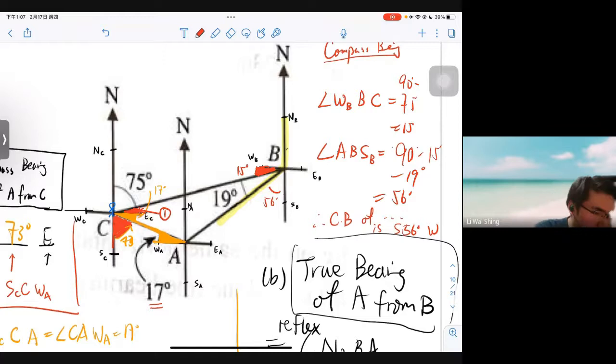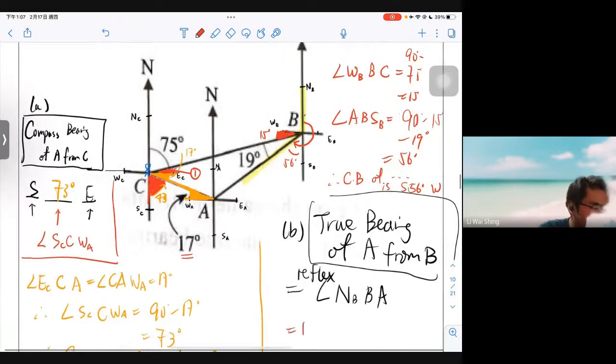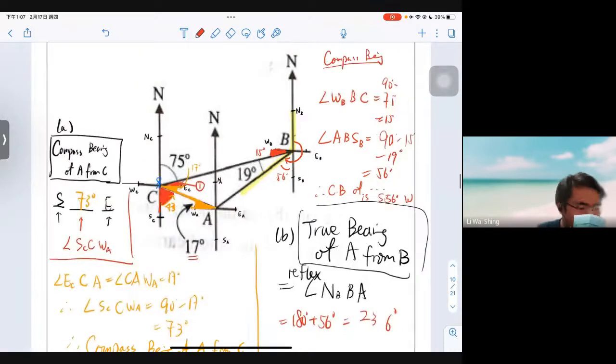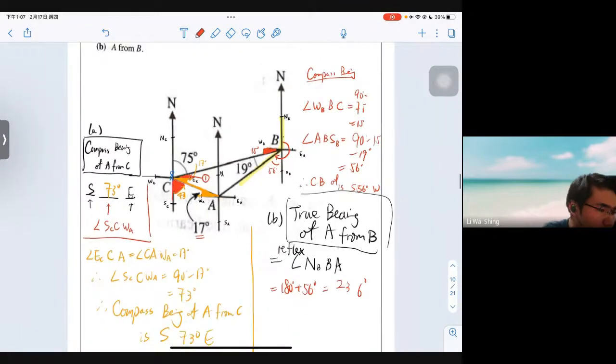At last, if you want to find the true bearing, you start from north and walk towards the whole angle. So it equals 180 plus 56 degrees, equals 236 degrees. The true bearing of A from B.